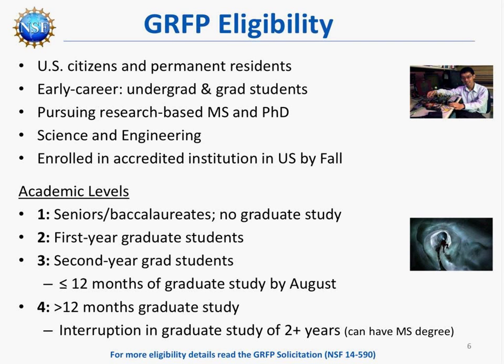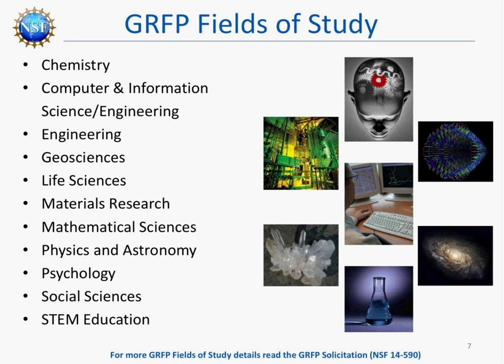Then you could go back and apply for GRFP. You see all the fields of study which are supported by GRFP, ranging from chemistry to STEM education, and you find all those fields in the solicitation.